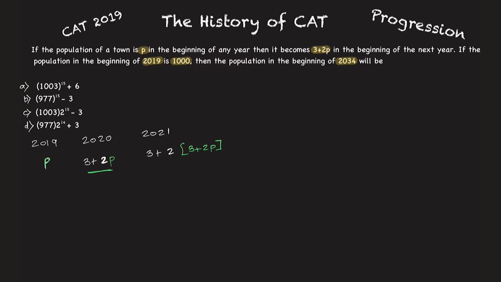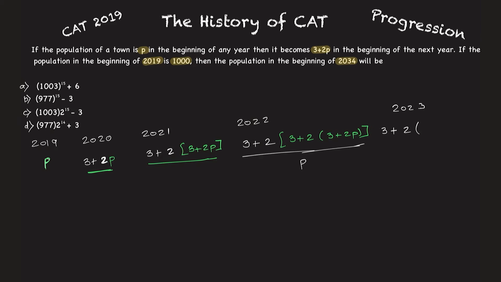Now if you move on to 2022, what will happen? This will be 3 plus 2 into p, where p was the earlier population, which is this. So this becomes 3 plus 2 into 3 plus 2 into 3 plus 2p. If you move on to 2023, this will be 3 plus 2 into the entire thing, which is now the p.